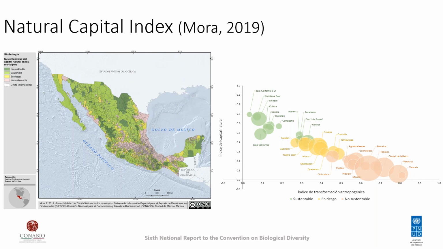And the pink colors show us the risk natural capital or unsustainable natural capital conditions where habitats are degraded and the ecological integrity is almost collapsed. Next slide, please.